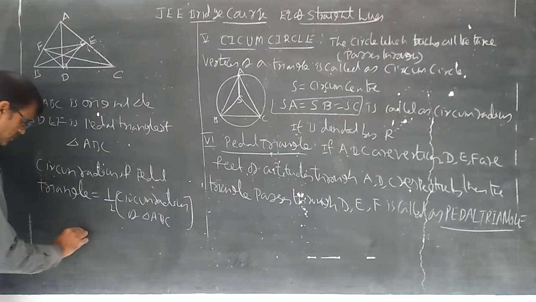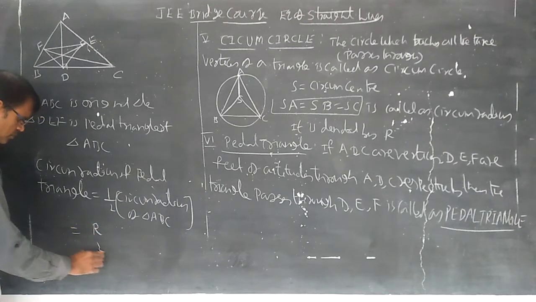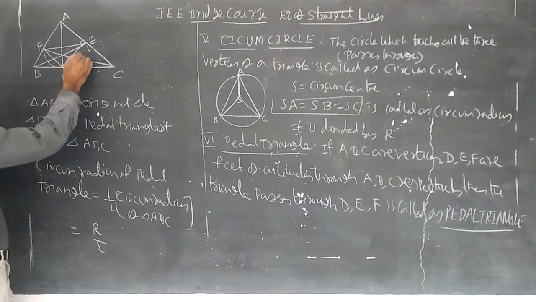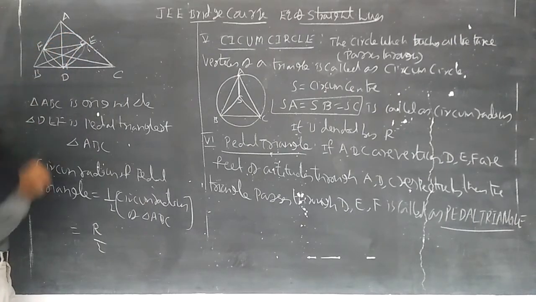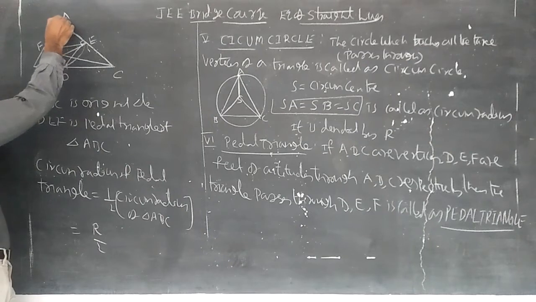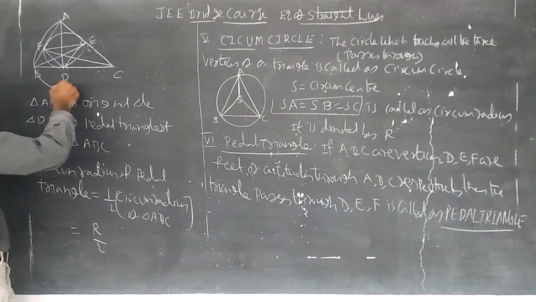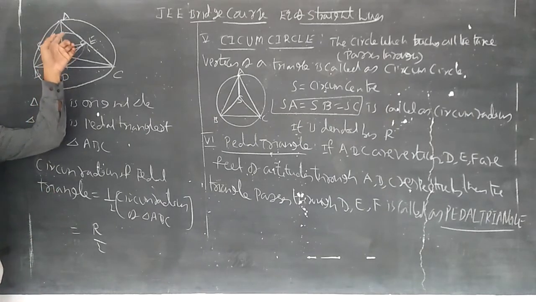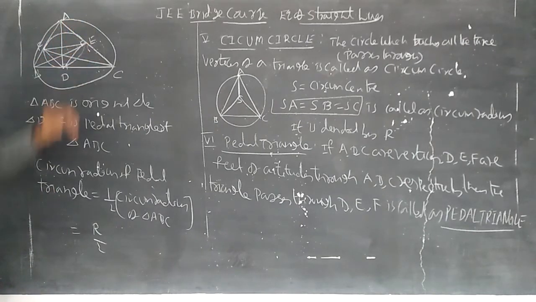That is equal to R by 2. So draw like this. This is the circumcircle of pedal triangle, and this is the circumcircle of original triangle. The original triangle circumradius is capital R and the circumradius of pedal triangle is capital R by 2. This is the main property in objectives.